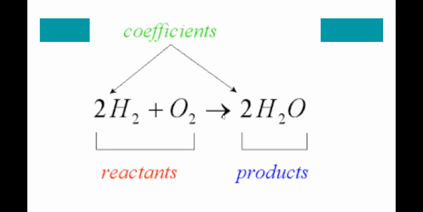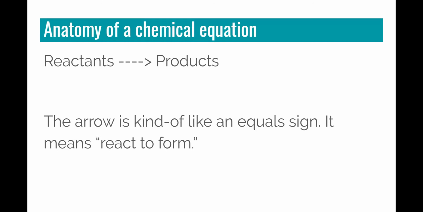This arrow basically means yields or reacts to form, so it's sort of like an equal sign, right? The general way a chemical equation always looks is reactants, then an arrow, and then products. So you're saying the reactants are going to react to form the products.